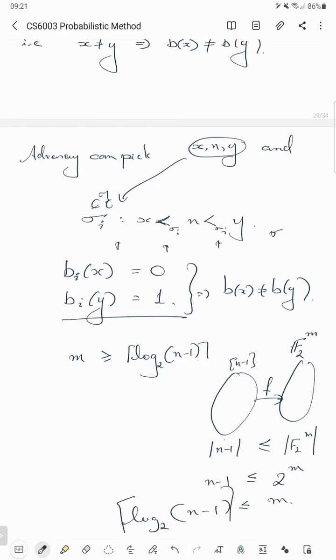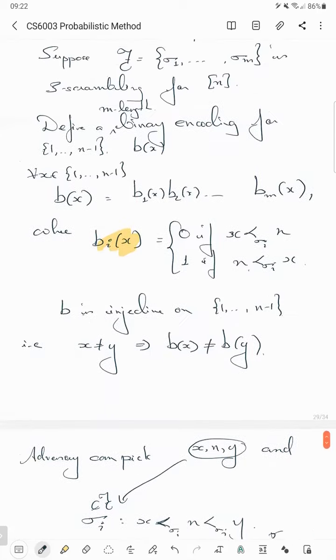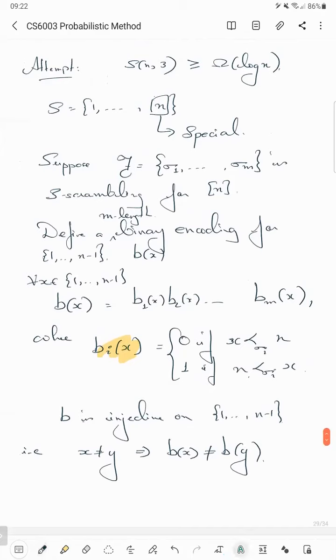This is a standard thing: whenever we try to do a binary encoding, this is the start of what is known as the entropy method, but this is too simple to use such a fancy term. So this completes the proof that S(n, 3) is Omega(log n), because log n and log of n minus 1 are almost the same.